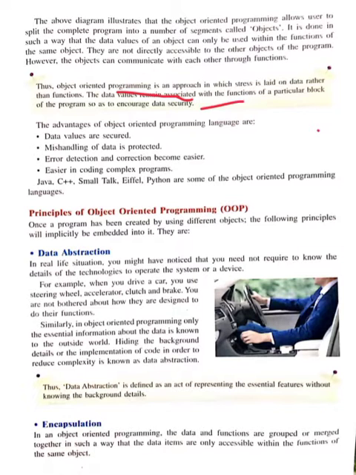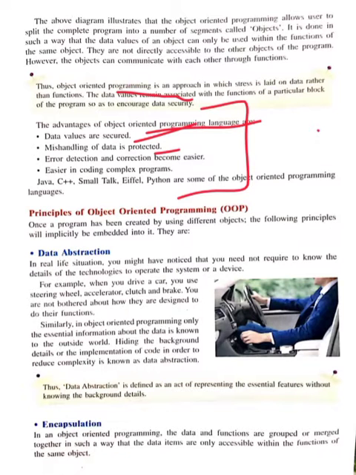And whichever advantages are given here, those are the disadvantages of the procedure oriented programming language. So in object oriented programming, the data values are secured and mishandling of the data is protected.